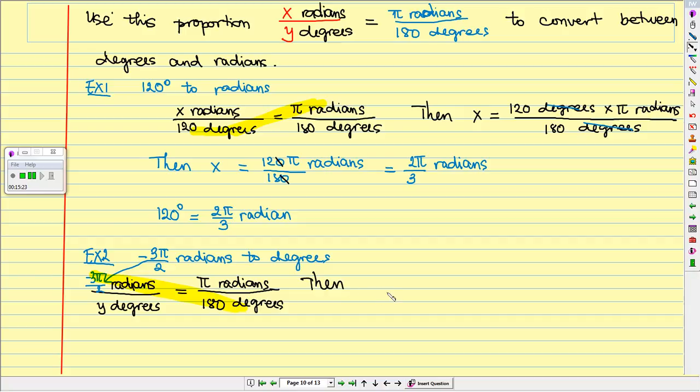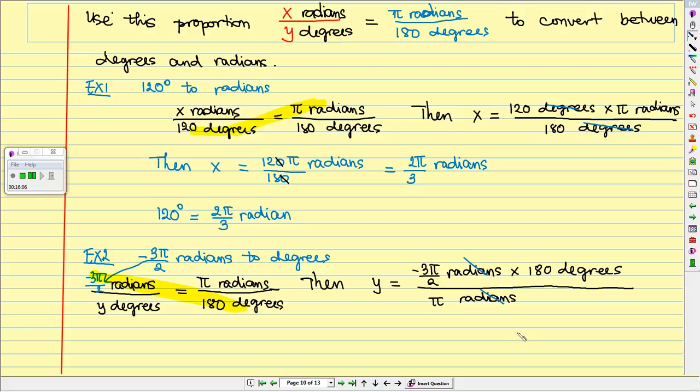Then y equals negative 3 pi over 2 radians times 180 degrees divided by pi radians.